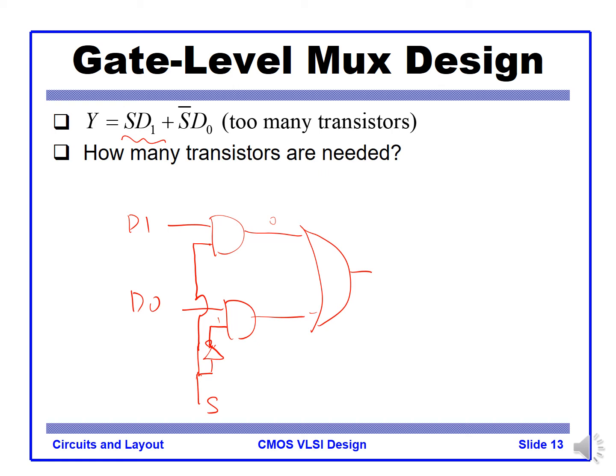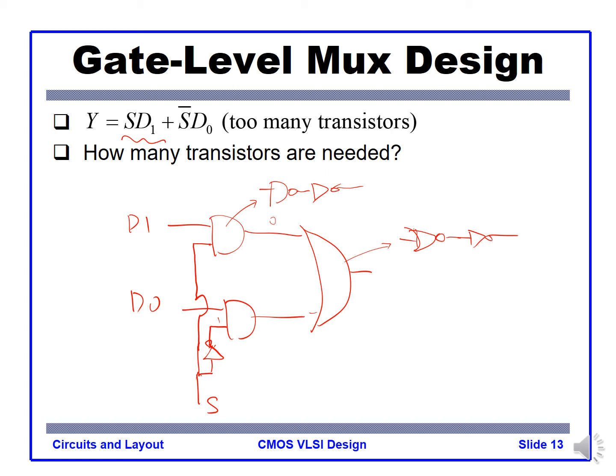So how many transistors may we need for this kind of operation? You can use some bubble pushing technique, or we can just draw it as it is. The AND gate we can draw as a NAND gate plus an inverter, right? And the OR gate is a NOR gate plus an inverter, right?